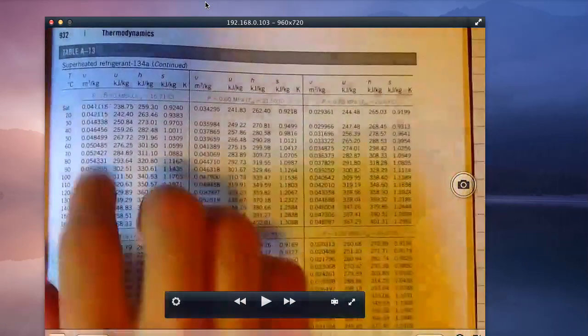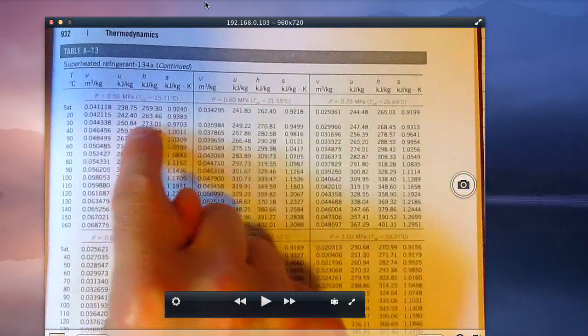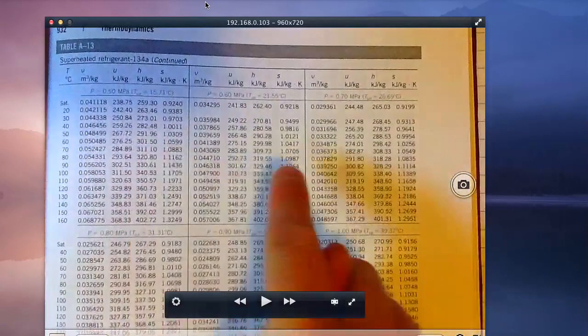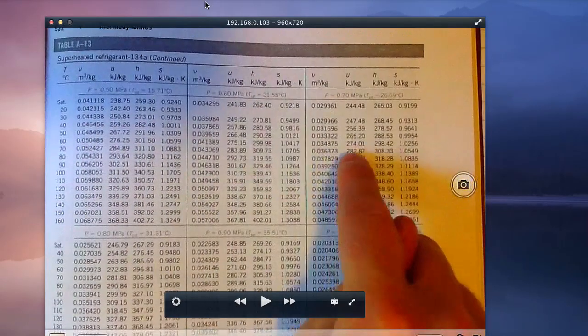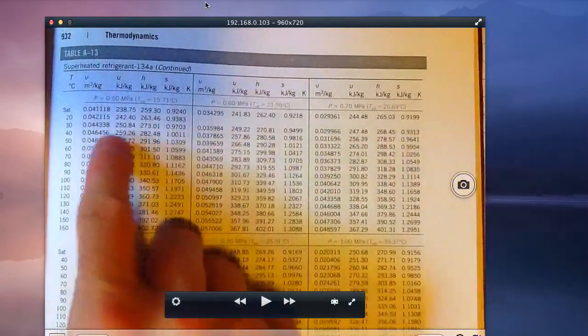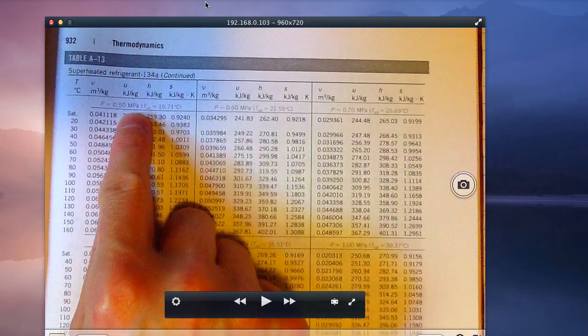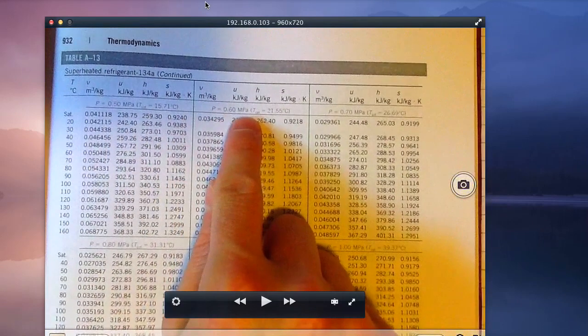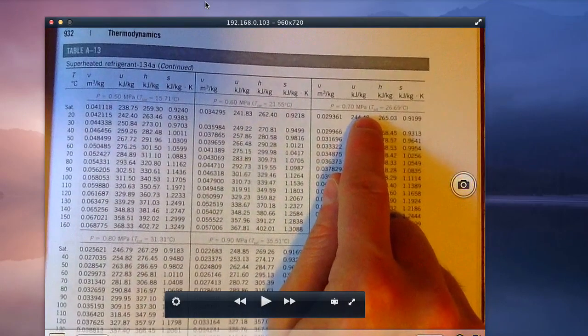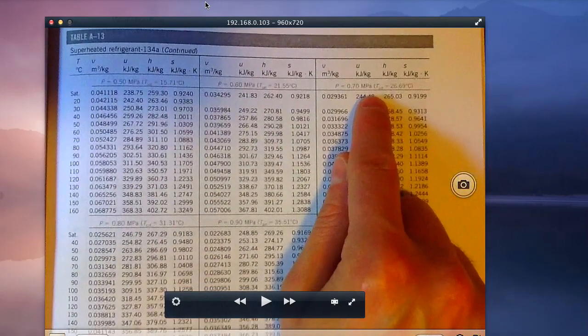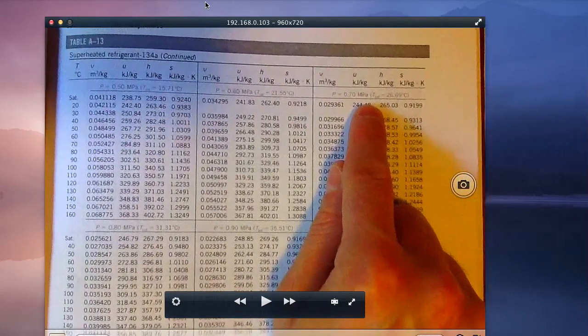What do I mean by the pressure subtable? You see how this is a subtable, this is a subtable, this is a subtable, and they all correspond to different pressures: 0.5 megapascals, 0.6 megapascals, 0.7 megapascals. We want to find the pressure subtable that corresponds to 1.6 megapascals.